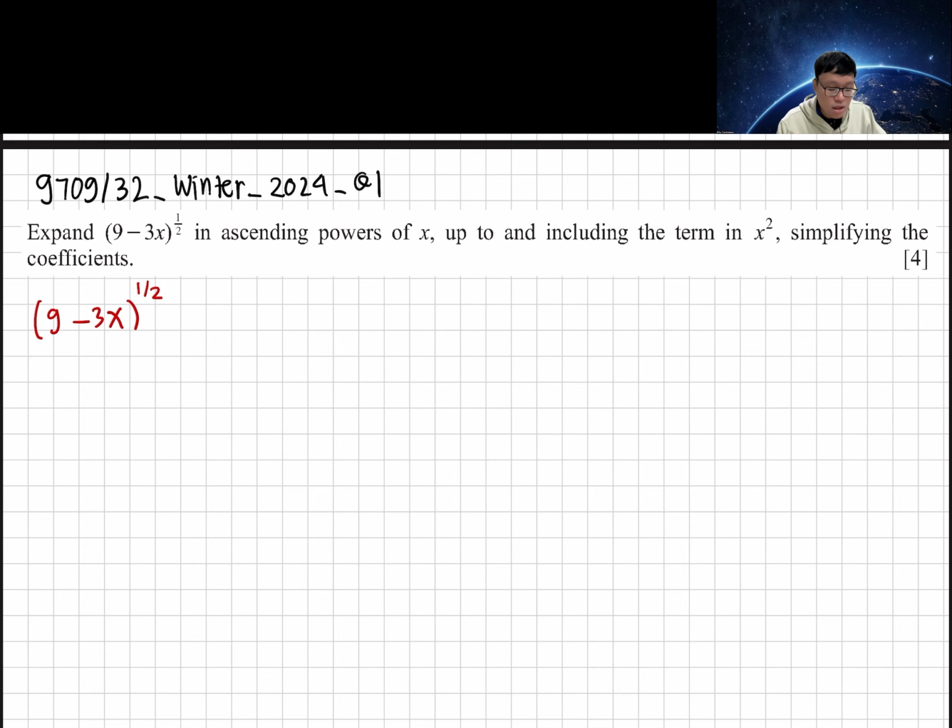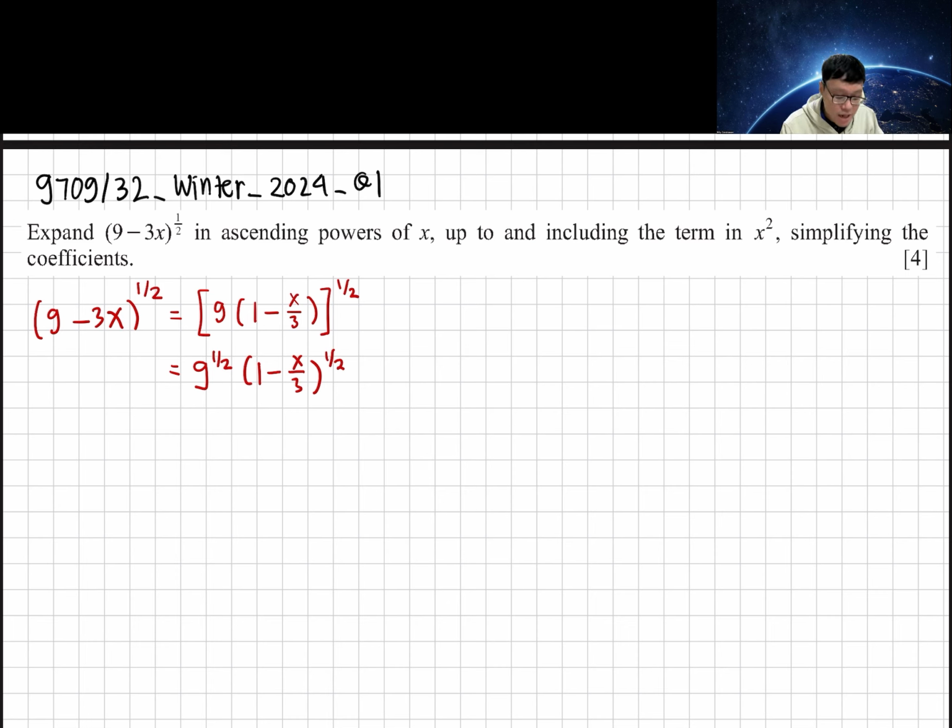9 minus 3x exponent half, you can take out the 9, so you get 9 in the bracket. 1 minus 3x divided by 9 is x over 3, and then exponent half. So when you take out the 9 and distribute the power, it gives you 9 exponent half, (1 minus x over 3) exponent half.